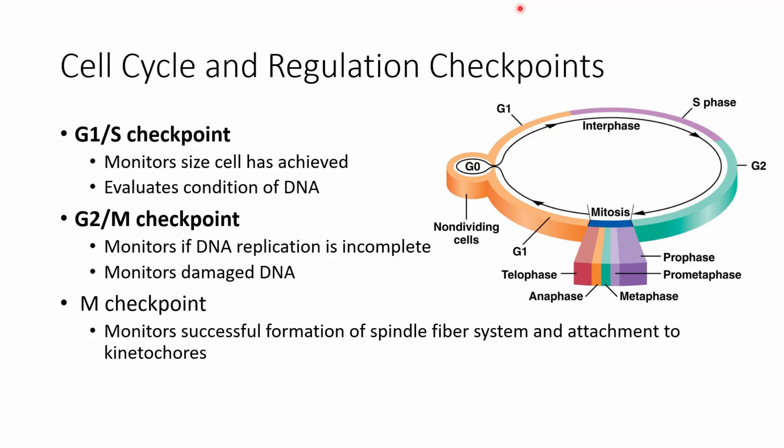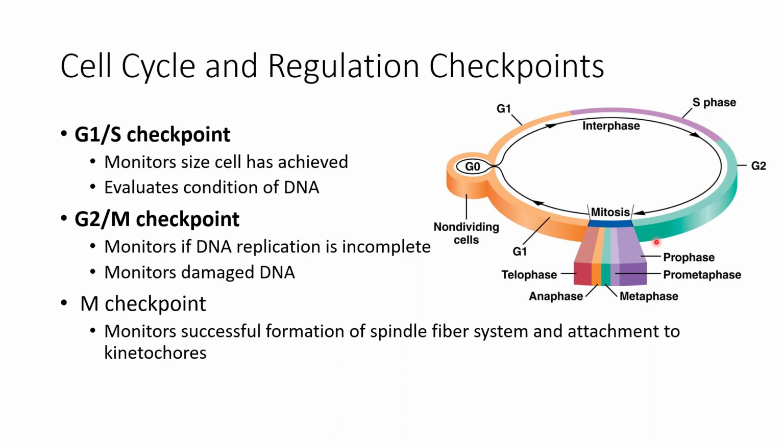These checkpoints are monitored by proteins called cyclins and kinases. These are proteins that are utilized in a lot of biochemical pathways and that are necessary for the cell to engage in DNA synthesis, DNA replication, and DNA repair.